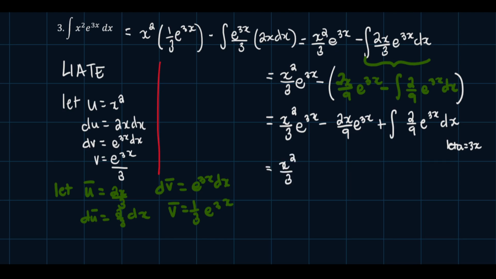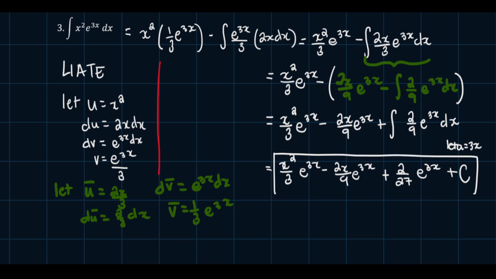So x squared over 3 e raised to 3x minus 2x over 9 e raised to 3x plus 2 over 27 e raised to 3x plus our constant of integration. So this is our answer. Okay, so in some cases, we may have to apply integration by parts more than once para makuha natin yung antiderivative ng function natin.